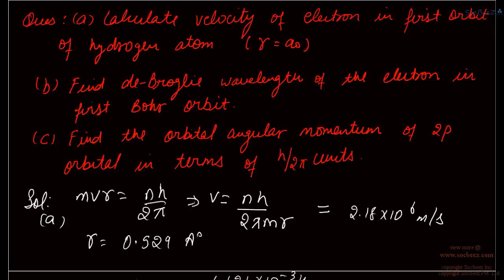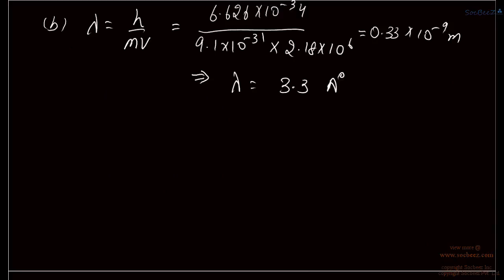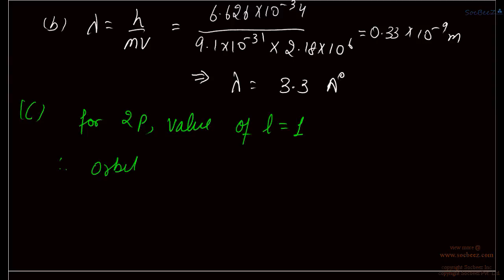The third and final part of the question says find the orbital angular momentum of 2p orbital in terms of h upon 2 pi units. For 2p, the value of azimuthal quantum number l equals 1.